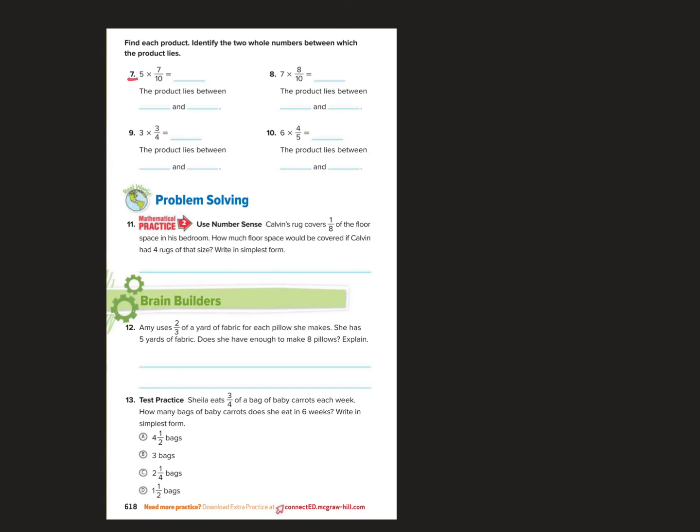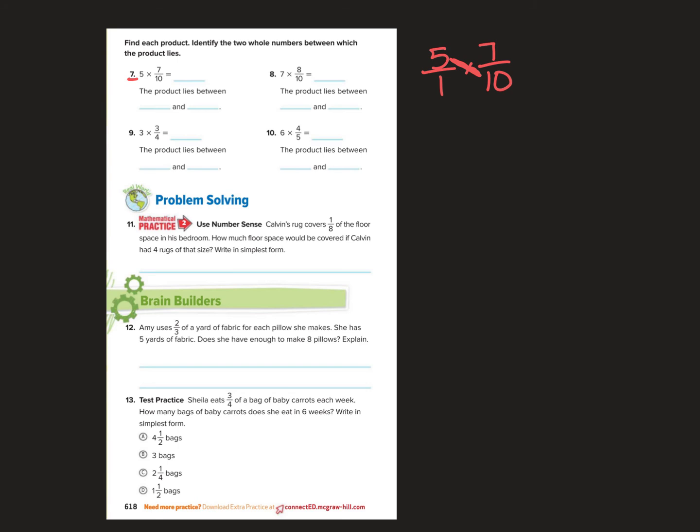Okay, so for number 7, it is 5 over 1 times 7 over 10. Are you ready for this? I don't know if you're ready for this or not. There's another trick called simplify before you multiply. Okay, ready? Watch this. If we're looking crossways, look at this 5 and 10 here.